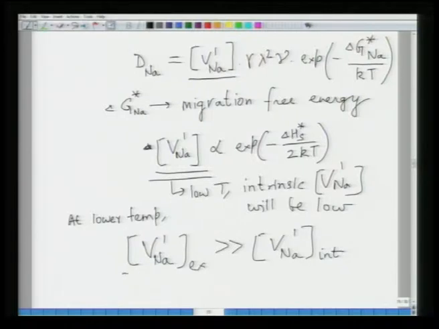Now, is this extrinsic concentration temperature dependent? It is not temperature dependent, because it is solely dependent upon the concentration of impurities.